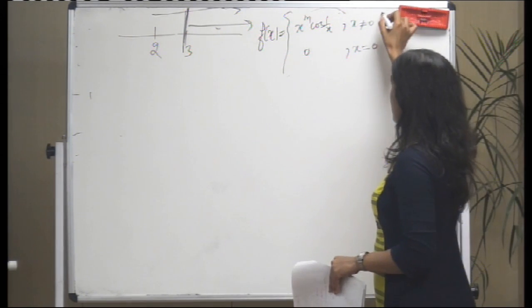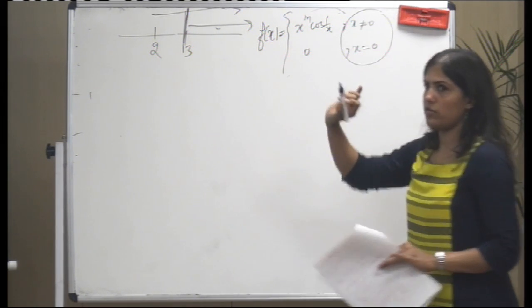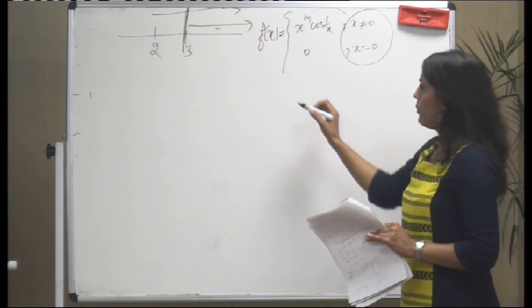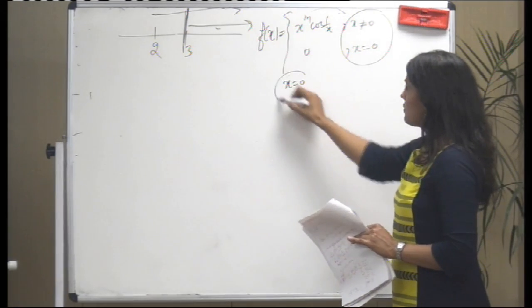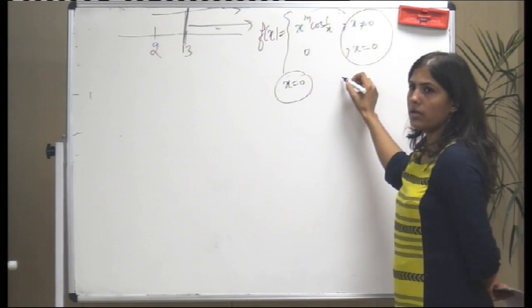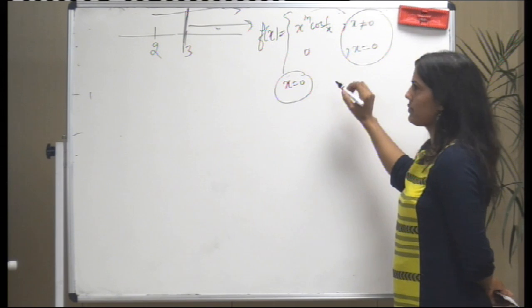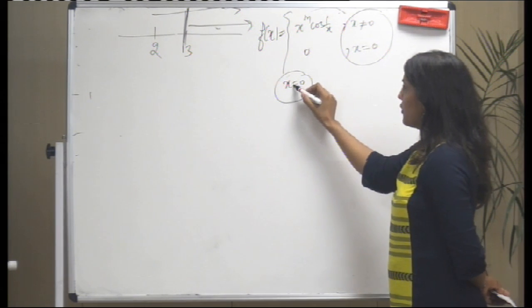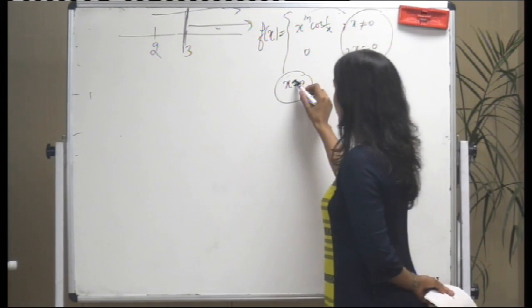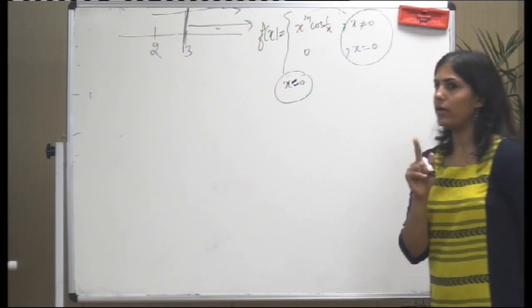Actually the point is 0. At 0 we are checking. Okay, the point is 0. So you are saying continuity will... Okay, actually the way you are answering is not clear. 1 or 2, an interval you are telling me.